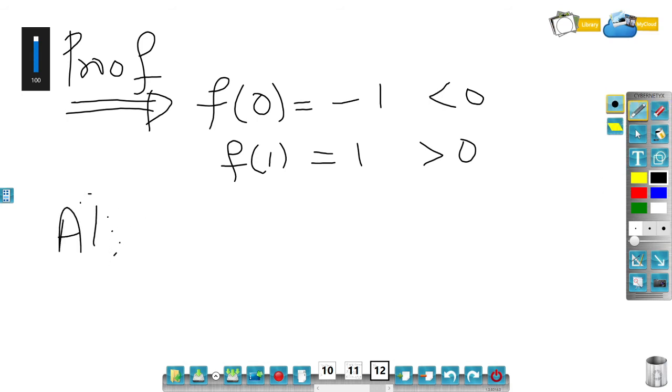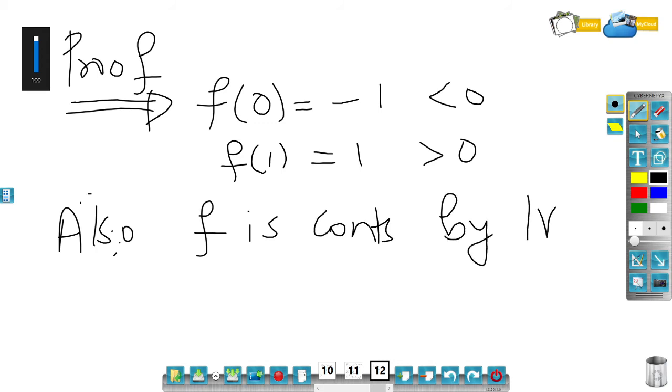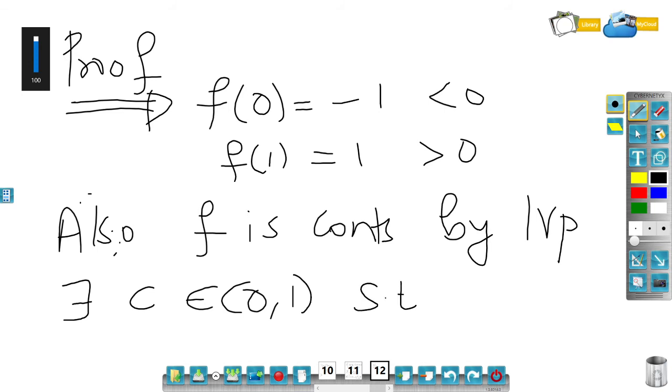So by the intermediate value property, we can say that there exists c between 0 and 1 such that f at c is equal to 0.